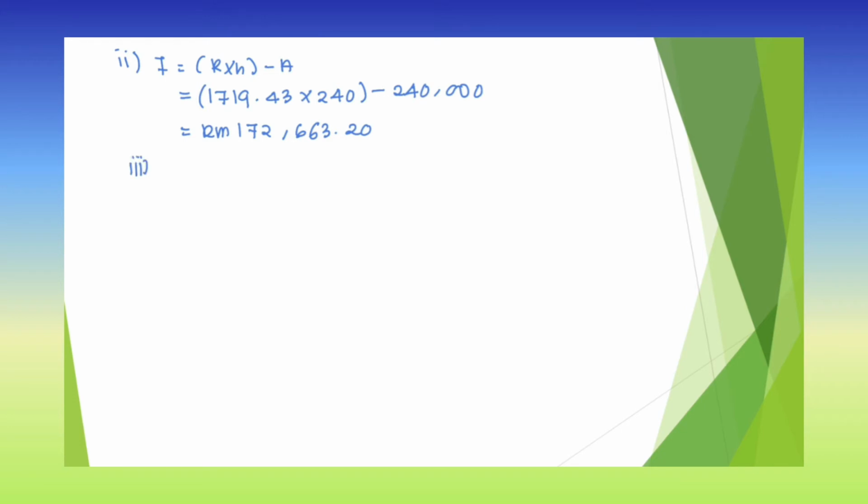For question number 3, let's draw a timeline. Okay, so Mr. Harun missed the first 10 payments. So he missed the first payment, the second payment, and so on.